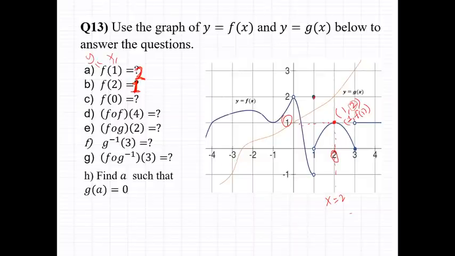Now f of 0, what is f of 0? Let's look here. So for f of 0, we check x equal to 0, and does it intersect with the graph? It intersects at an empty point, so this is not on the graph.